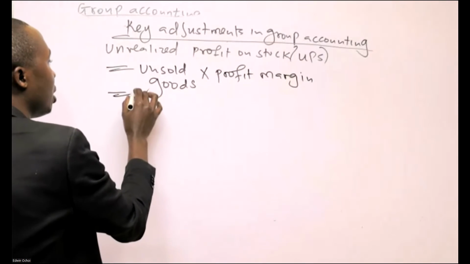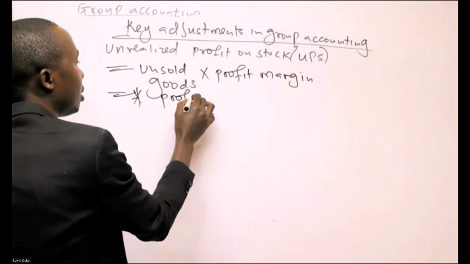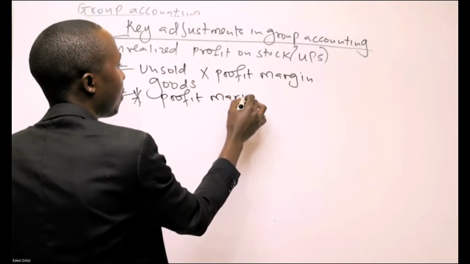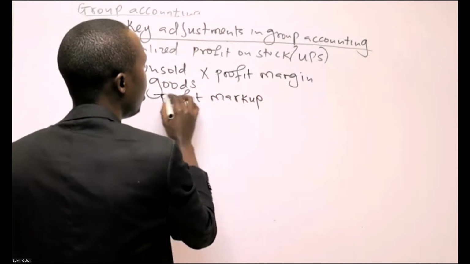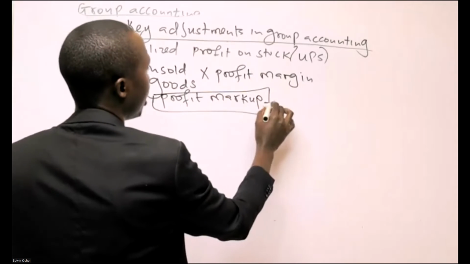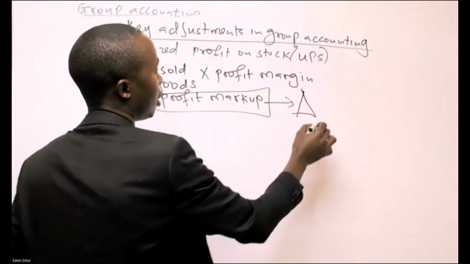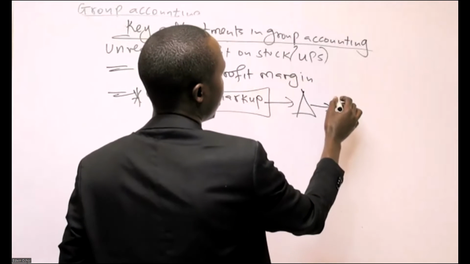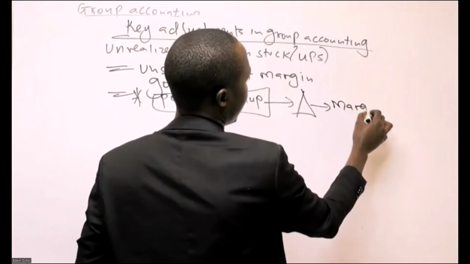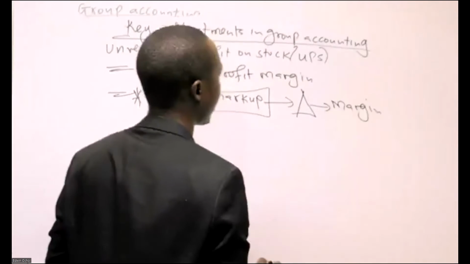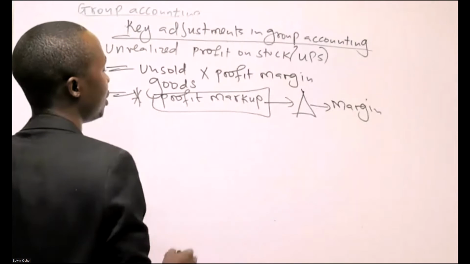On some scenarios, you can be given profit markup. So if provided with profit markup, change it to margin. How do you change profit markup to margin?